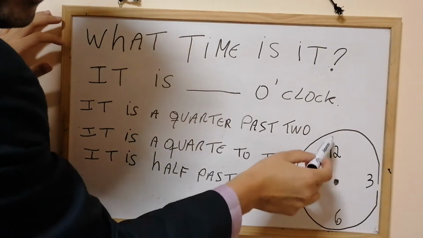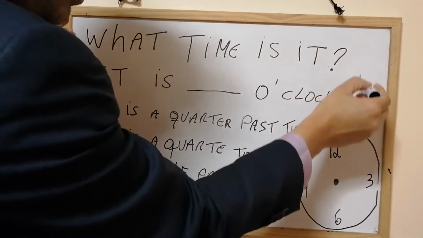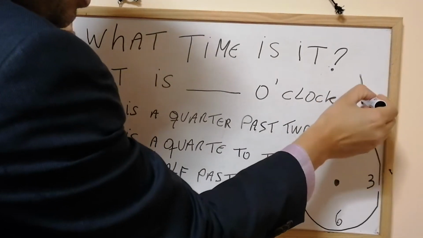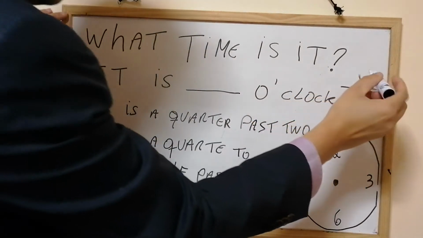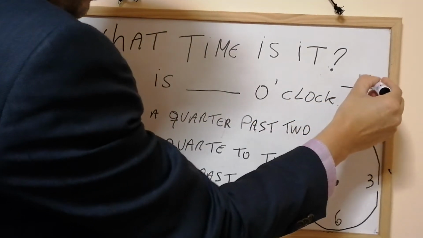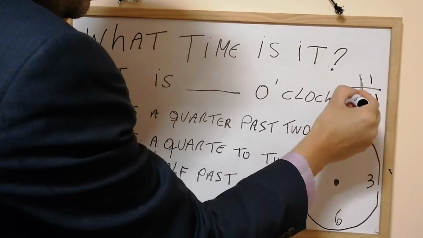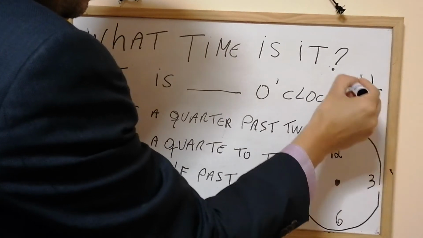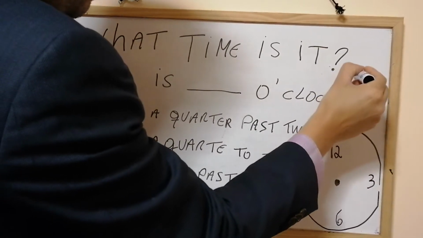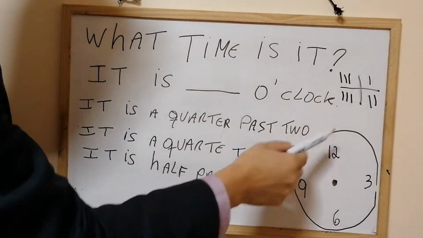I have divided the clock in quarters, I mean I divide it in 4 parts. Here we have quarter 1, quarter 2, quarter 3, and quarter 4. We divide the time in quarters.